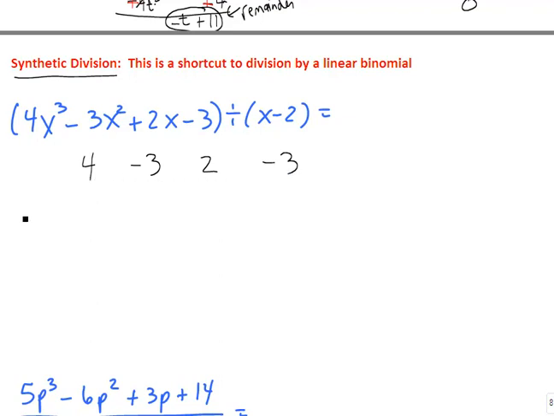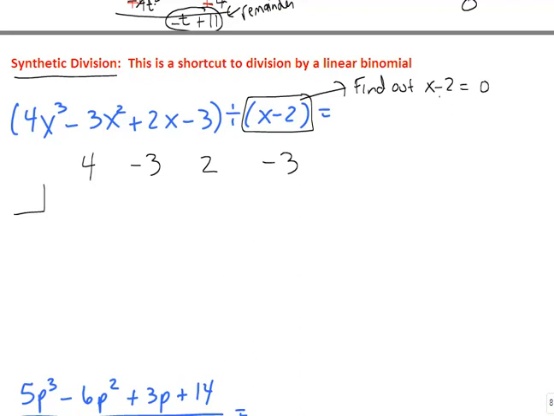Now over here off to the side in a little box, what we're going to write is what we're dividing by. Now what we're going to divide by is a number in this case. We're not actually dividing by x minus 2. So to figure out what number goes in this box, you're going to take your linear factor and find out where x minus 2 would equal 0.